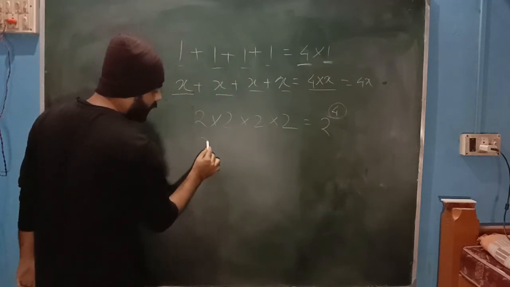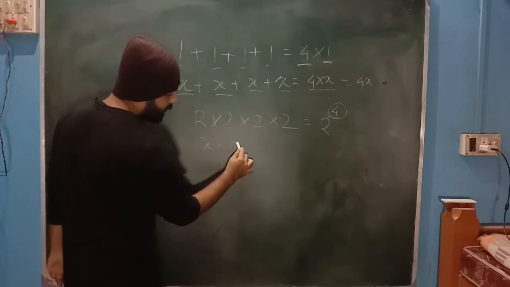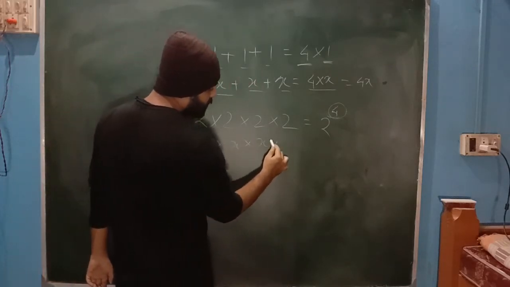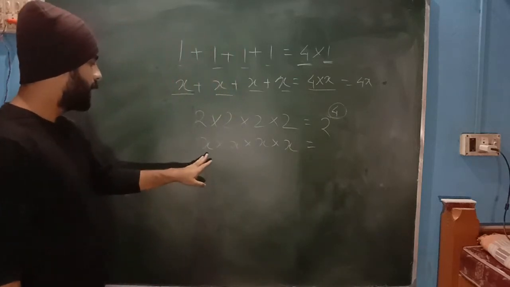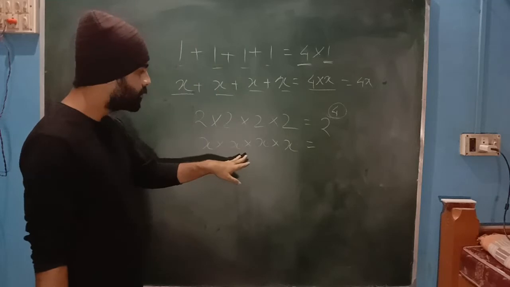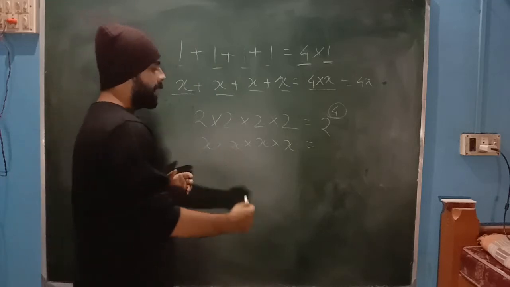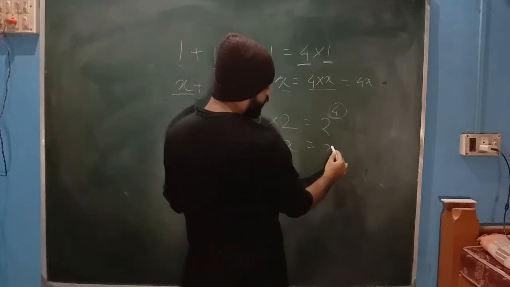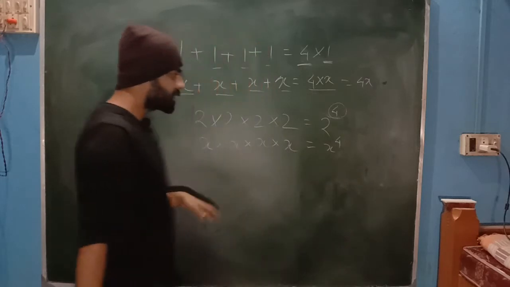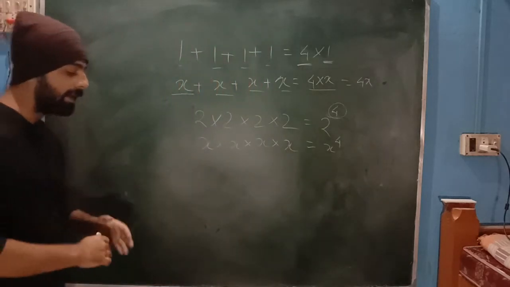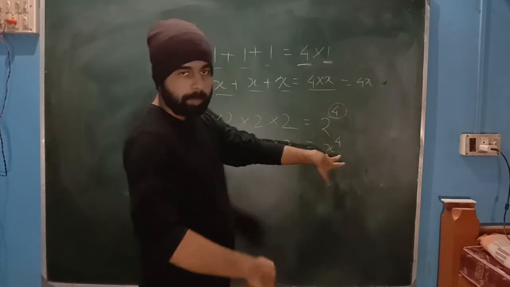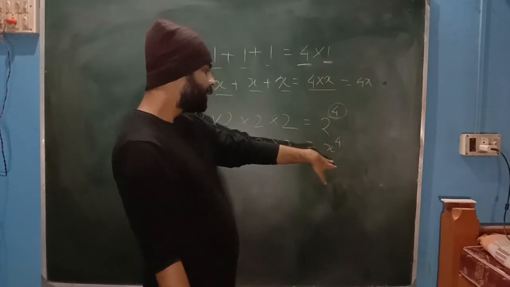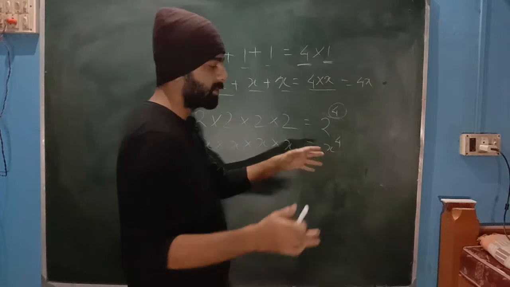Suppose we multiply x into x into x into x, here 4 times I am multiplying x, so it will be x to the power 4. This is the basic thing of the index, and we pronounce it x to the power 4. So the index of x here is 4.